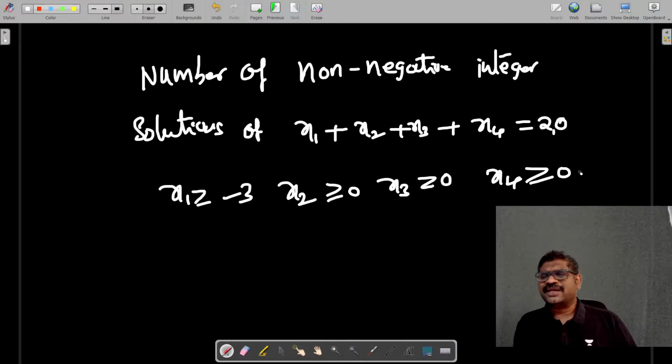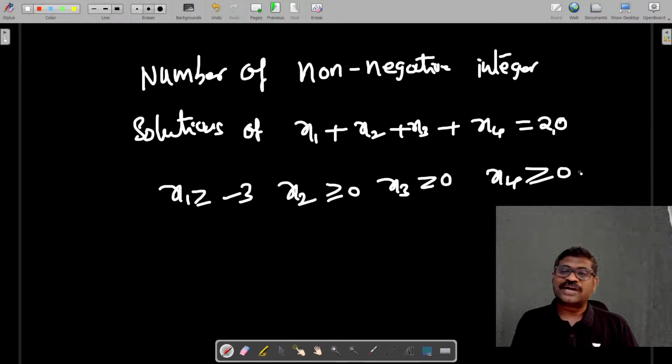So here x2, x3, x4 are greater than or equal to 0, non-negative condition, but x1 is greater than or equal to minus 3.